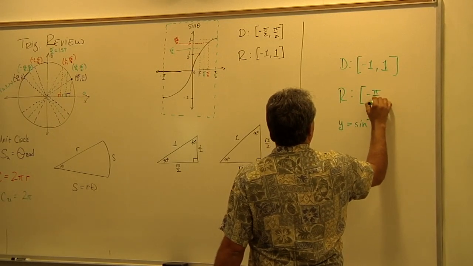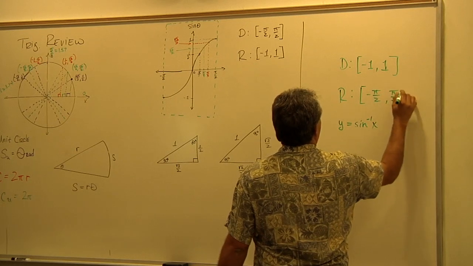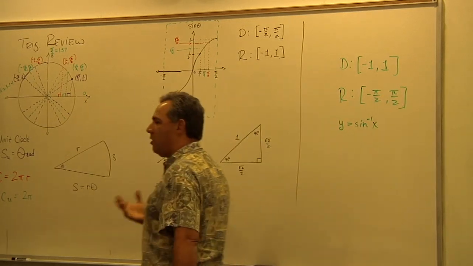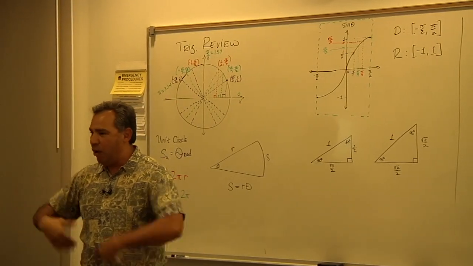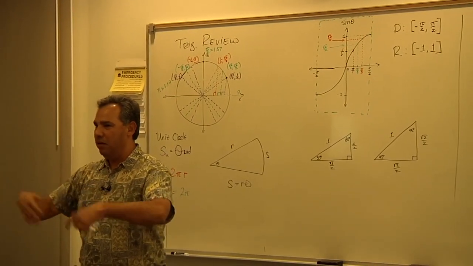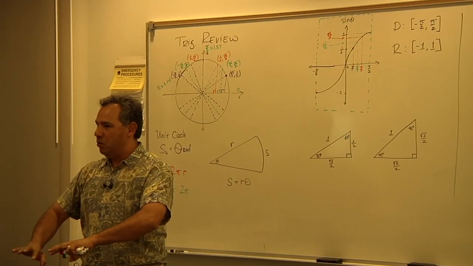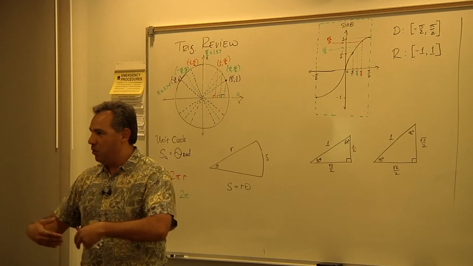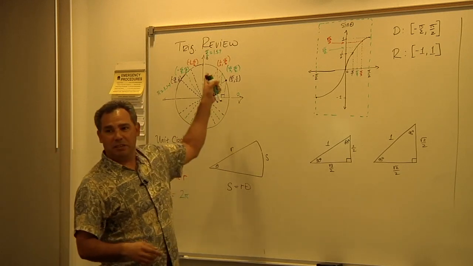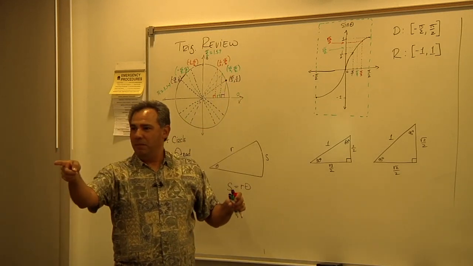Negative pi over 2 to pi over 2. So you have to remember, the inverse function of the sine function can only output angles between where? Minus pi over 2 to pi over 2. What quadrant is that? That's 4 to 1, right? It's 4 to 1.